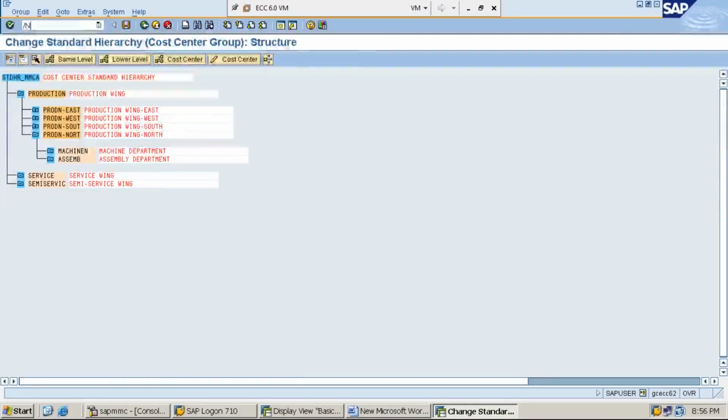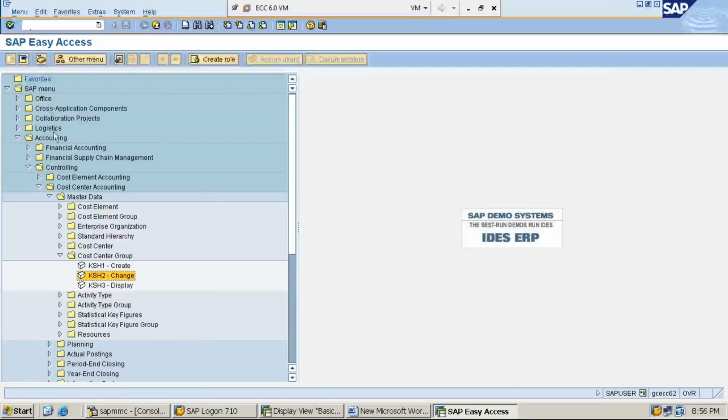Just I'll show you. See, accounting, SAP Easy Access, accounting, then controlling, then master data, cost center group. Instead of KSH2, we should go for KSH3. So double click on KSH3 display.